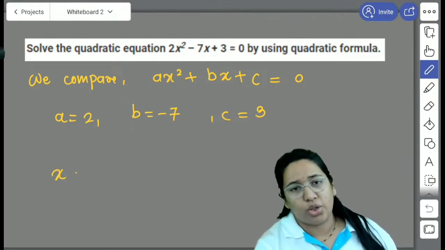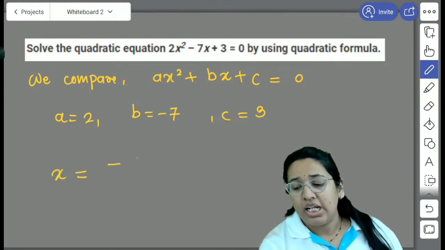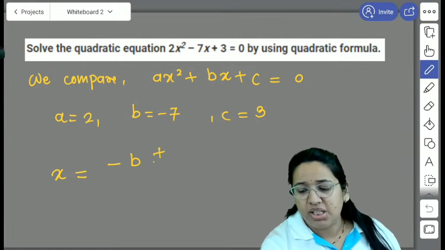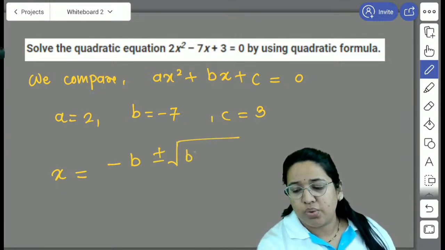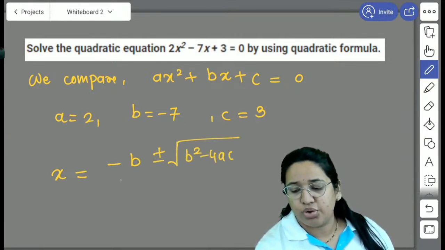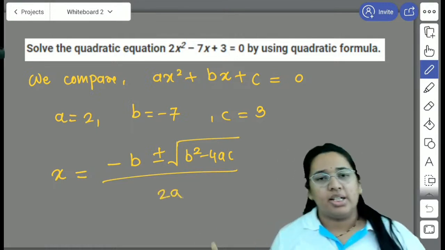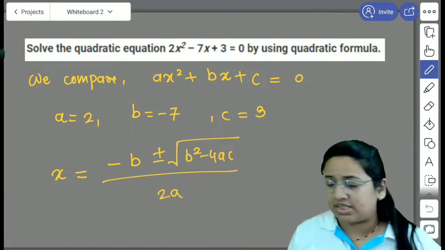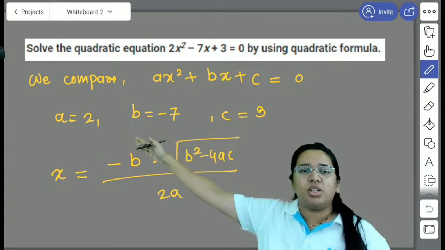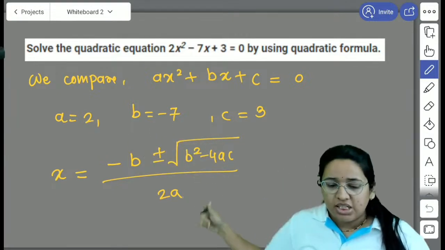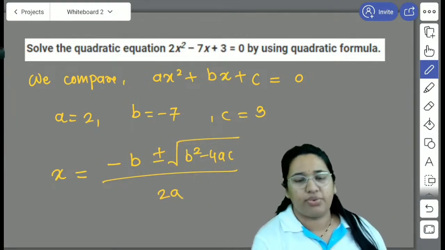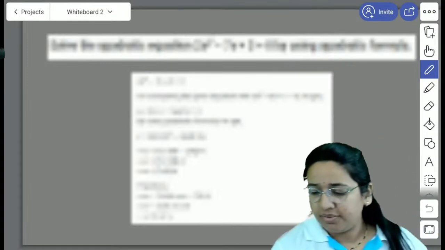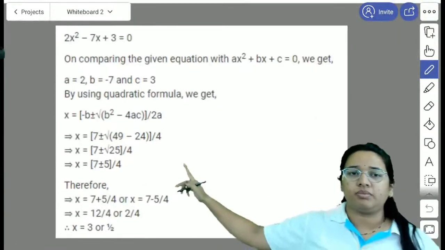So you know that the quadratic formula method is nothing but x is equal to minus b plus minus square root of b square minus 4ac upon 2a. That's it. This will be the case. You just have to put all the values of a, b, c here so that you will get the final answer. Okay? See, that's it.